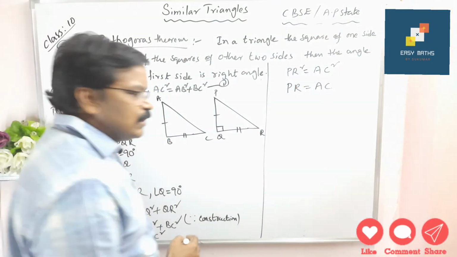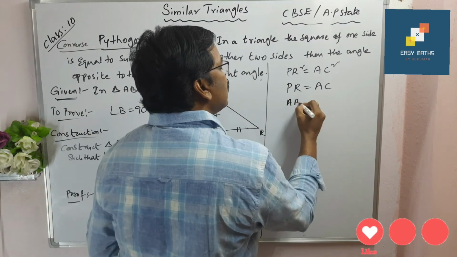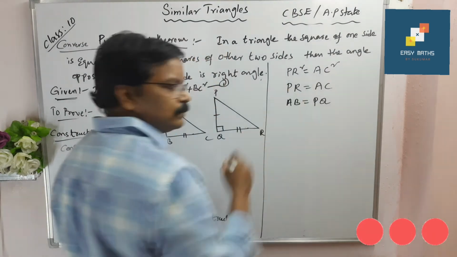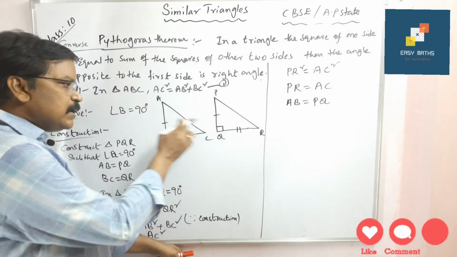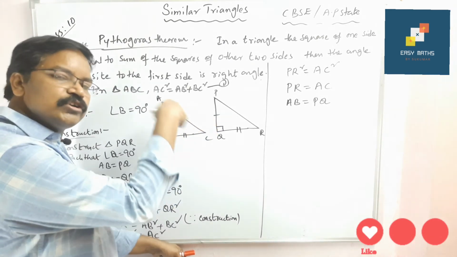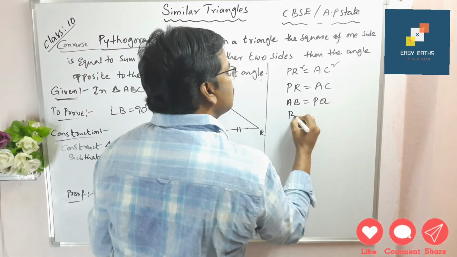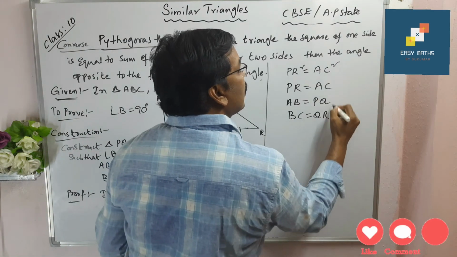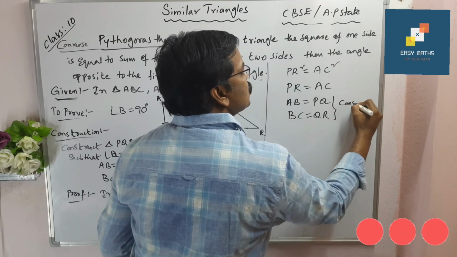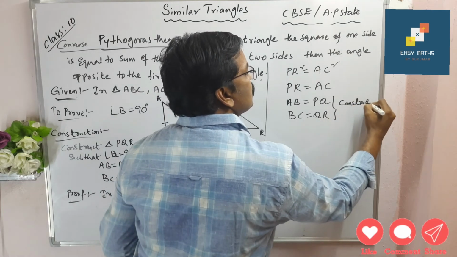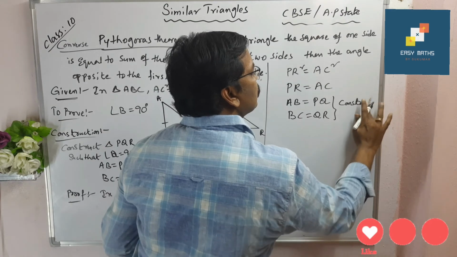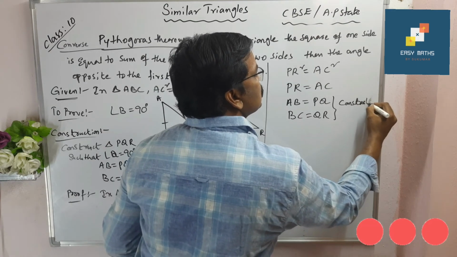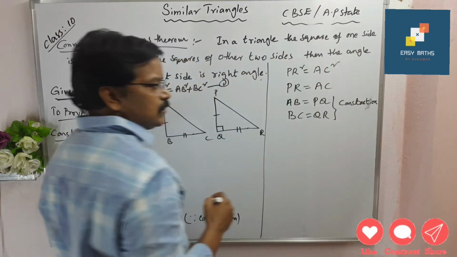See my dear students, we know that AB and PQ are equal. Why? According to the construction. And BC and QR are also equal. Why? This is also according to the construction. Right.